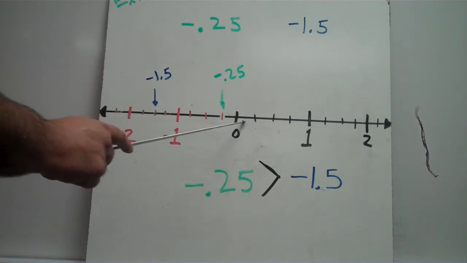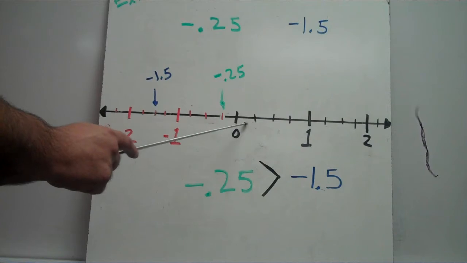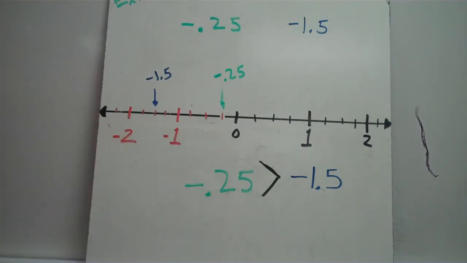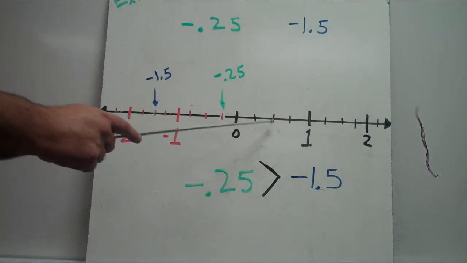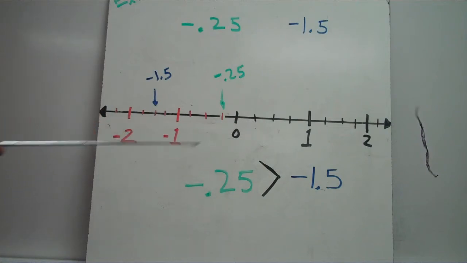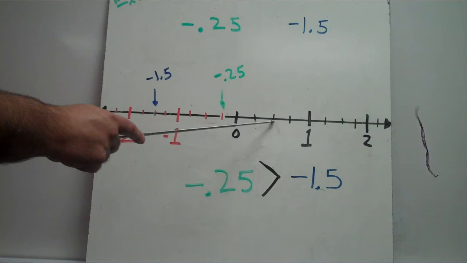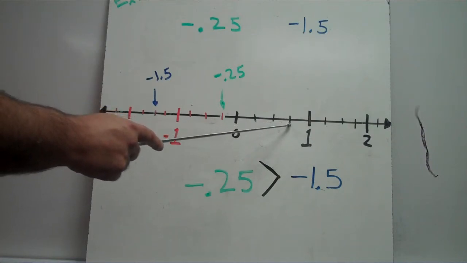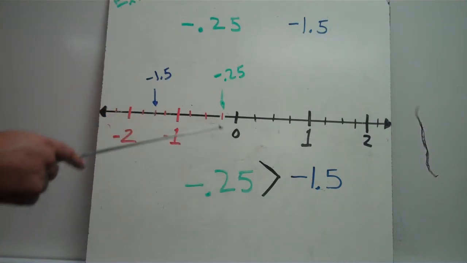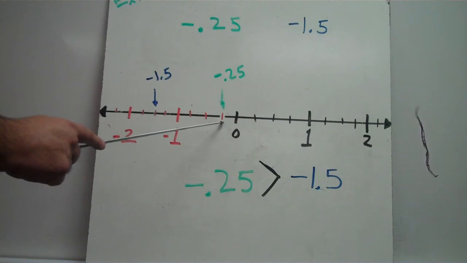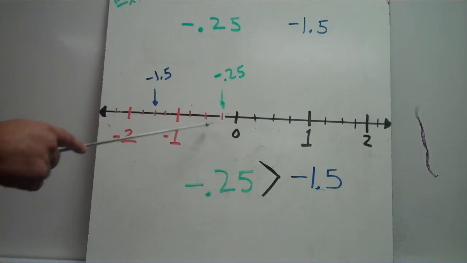My number line this time is broken into fourths, so 1, 2, 3 fourths. Each of these hash marks represents 25 hundredths. So this would be 25 hundredths, this would be 50 hundredths, this would be 75 hundredths, going down to 1. And then on the other side, this would be negative 25 hundredths, negative 50 hundredths, negative 75 hundredths, and then negative 1.